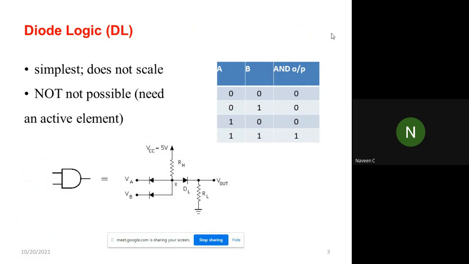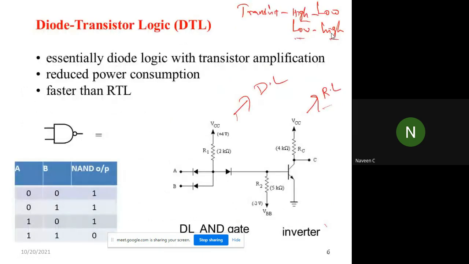AND connected with NOT, so it means which gate? NAND gate. You can see here, now we have realized the NAND gate. Simply we have connected one transistor circuit. I said this circuit is an inverter, so simply it will invert and give the output.